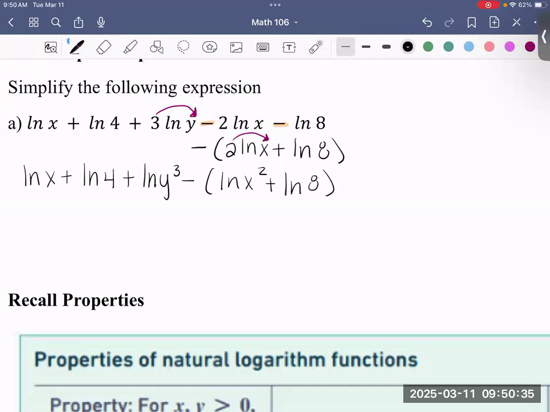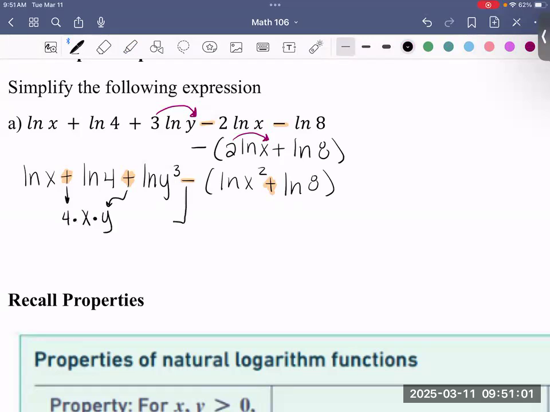So now we can work on these particular signs. We have a plus sign, a plus sign, a plus sign, and then a division sign. Any plus sign, we can say the plus signs are going to turn into multiplication symbols. So we have 4 times x times y.